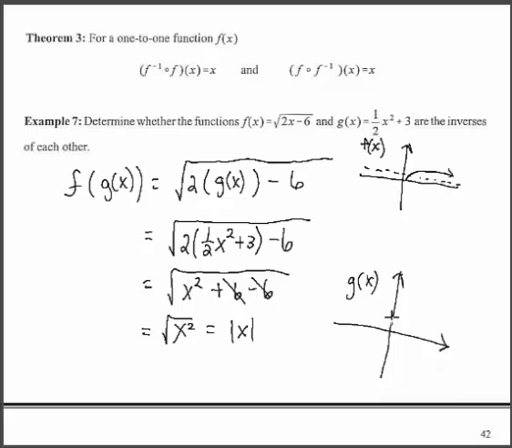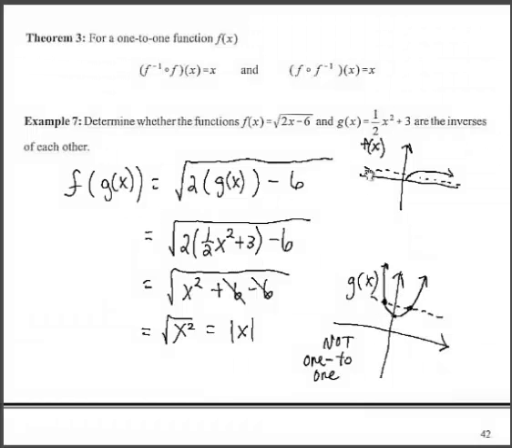However, on the other hand, g of x is a parabola that is shifted up from the origin 3 units, a little more symmetric, but drawn by hand. So g of x does not pass the horizontal line test. We strike g of x twice with a horizontal line. So g of x is not one-to-one, and g of x can't have an inverse function.